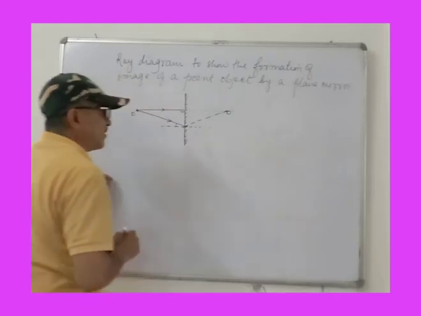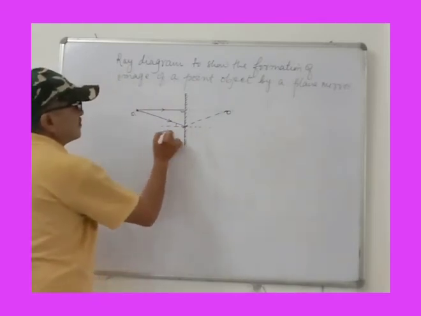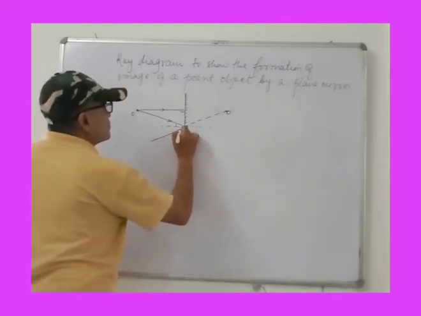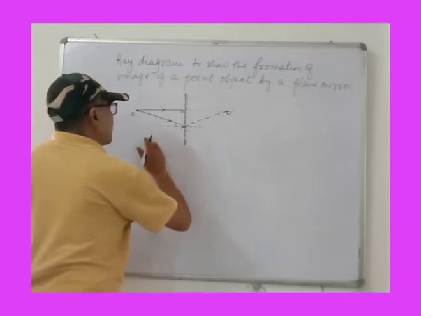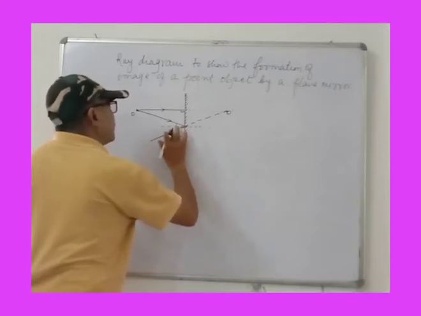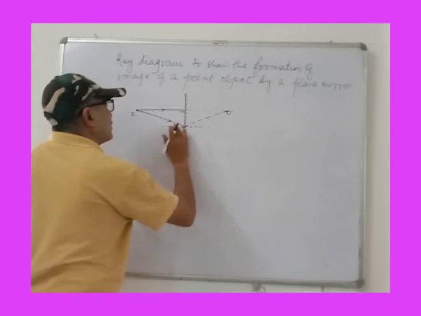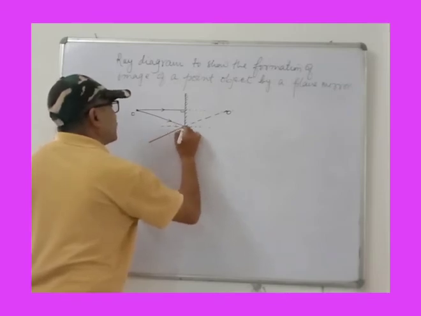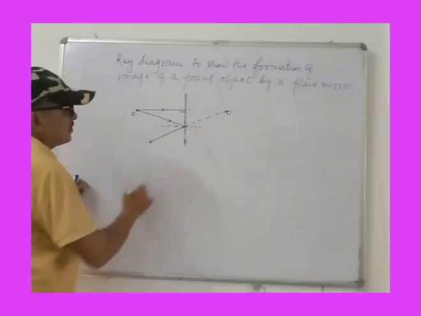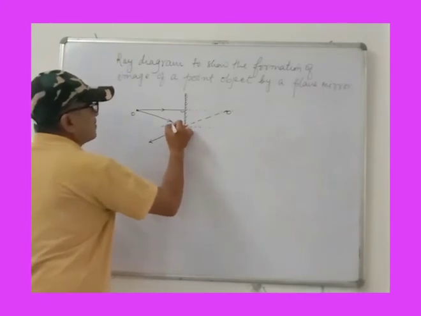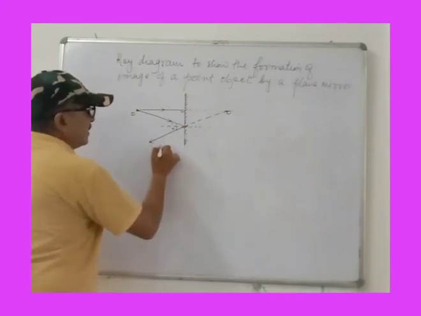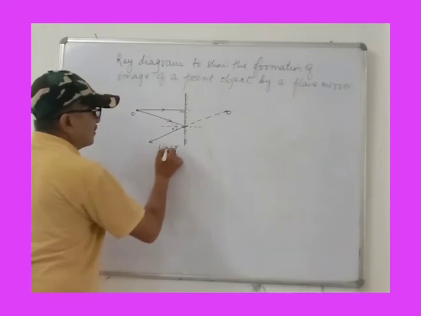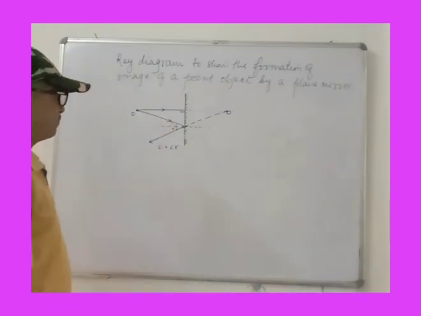There is a strong concept. Suppose it is reflecting in this way. Oh, sorry. Okay. Angle of incidence is equal to angle of reflection. Angle I is equal to angle R. It has to be maintained here.